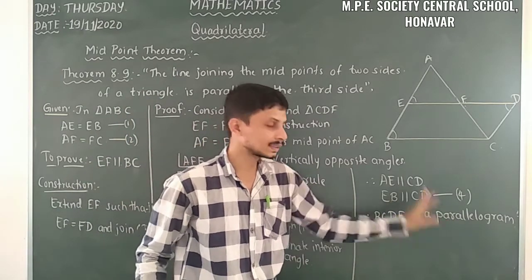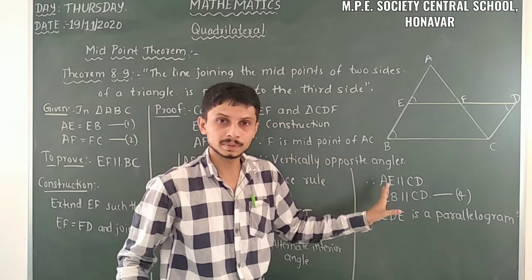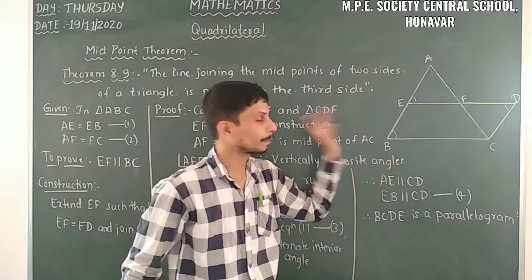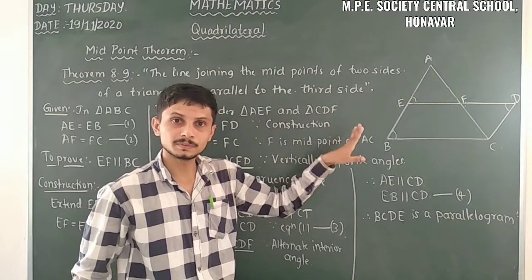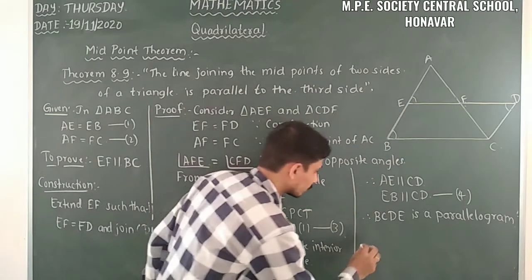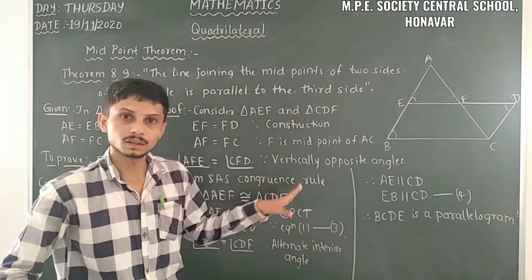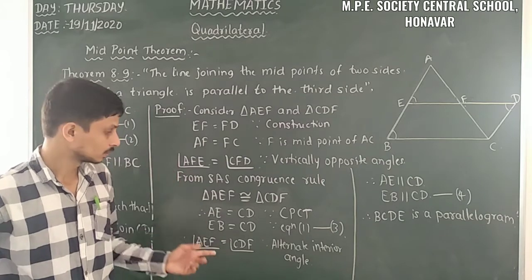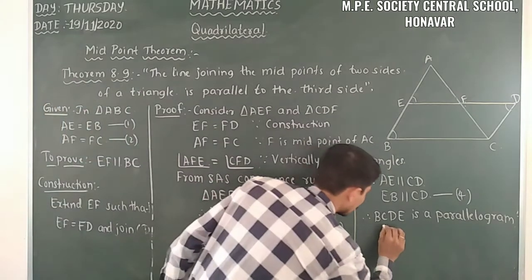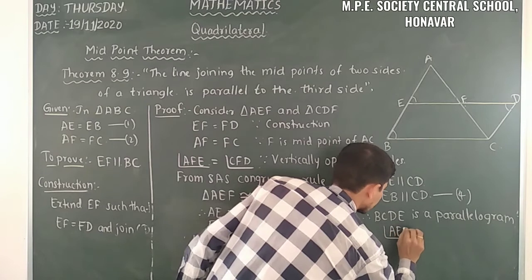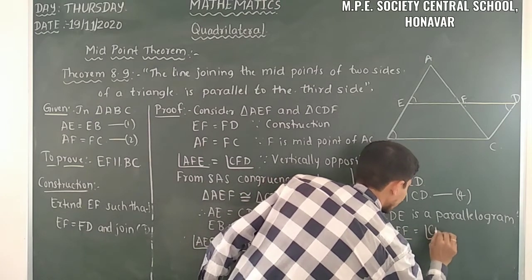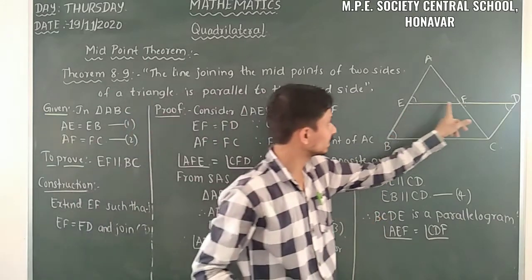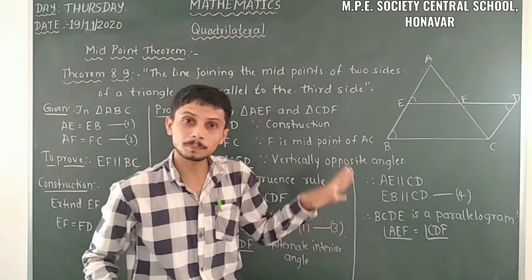So when BCDE is a parallelogram, we can take EF is parallel to BC. We also know that angle AEF is equal to angle CDF. And when BCDE is a parallelogram, opposite angles are equal.